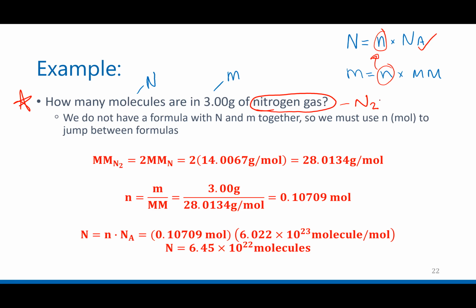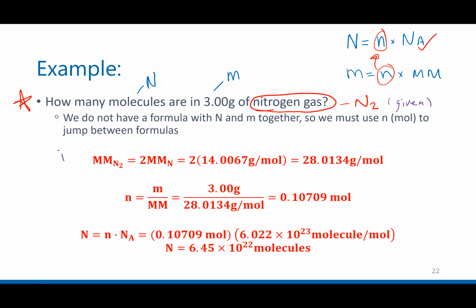Nitrogen gas is N2. Oxygen gas, O2. Chlorine gas, Cl2. We did this in unit 3. So there's a lot of things to consider here. So step number 1, what is nitrogen gas? Well, it's N2. So first thing I do here, and typically, guys, I would give this to you on a test.